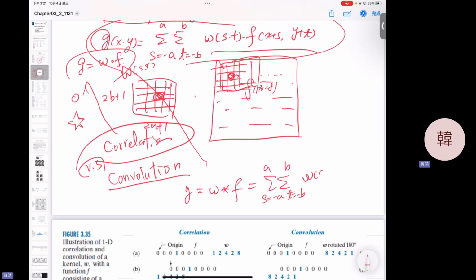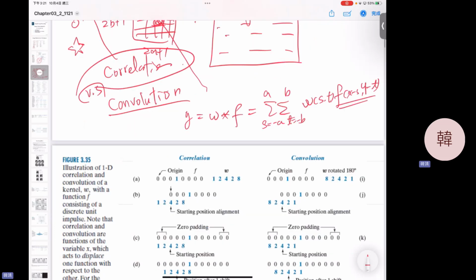So if we rotate one of them, we can write this as x minus s, y minus t. See, it's different. This rotation before your multiplication and summation, we call convolution. Later on we'll see the difference between these two applications.